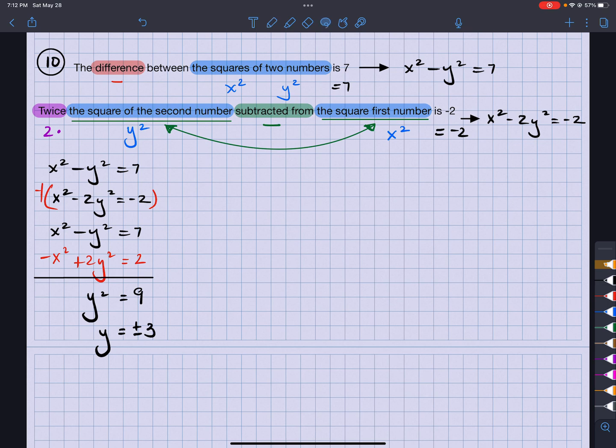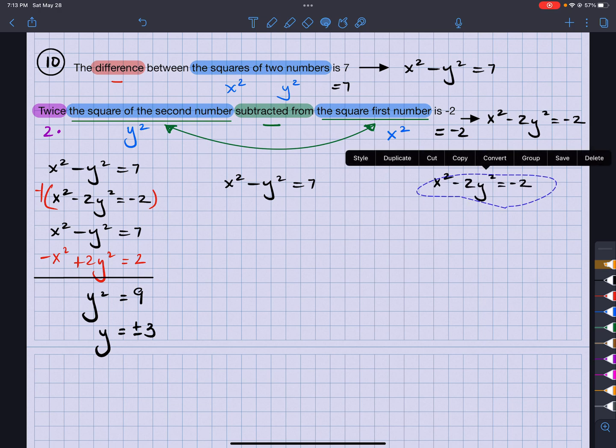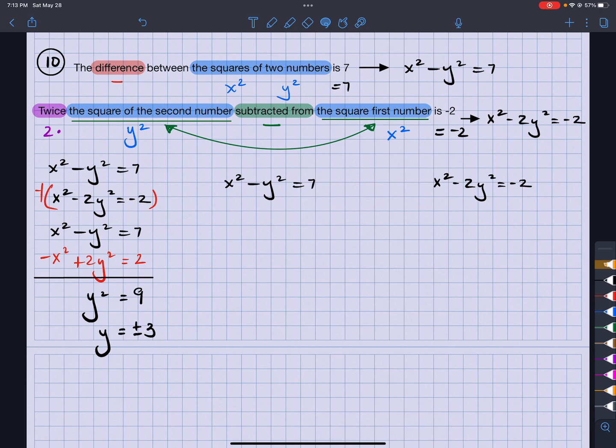So with that being said, I'm going to have one here that's going to say y is equal to 3, and one that's going to say y is equal to -3.